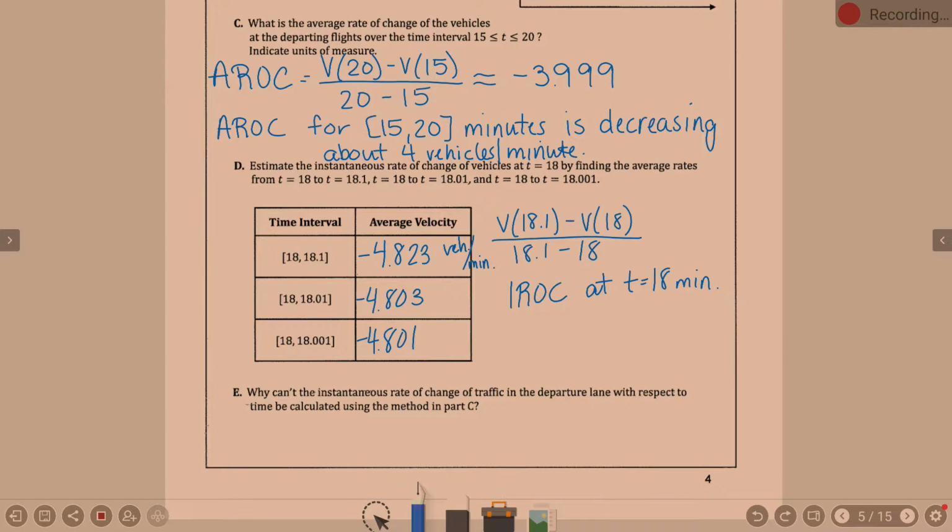I could be led either way here because I have written down decreasing at about 4.801 vehicles per minute. And I'll be honest, while you guys were working, I went and did the next one. And the next one would still round to negative 4.801 though. So make sure your work supports it. I do get it. It is going probably towards negative 4.8. But since we haven't gone that far, it can go either way there.